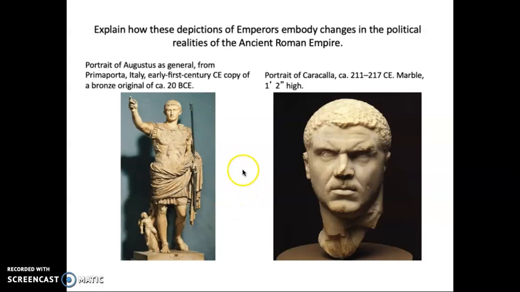That peace broke apart. And the succession of emperors became a problem as people like this very paranoid, dark-looking emperor are actually assassinating each other. There was no longer a peaceful succession of one emperor to the next.